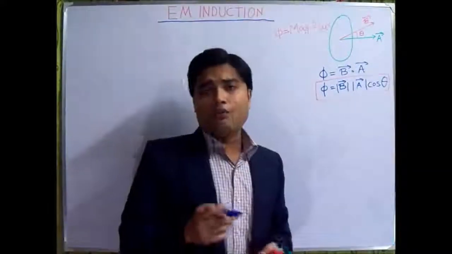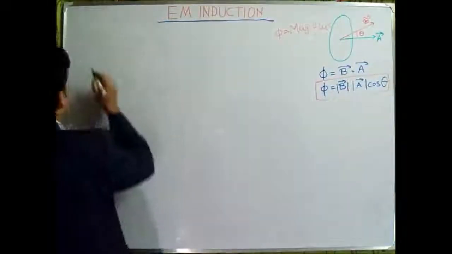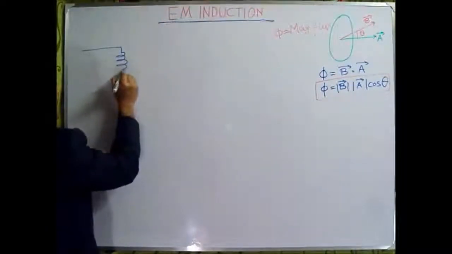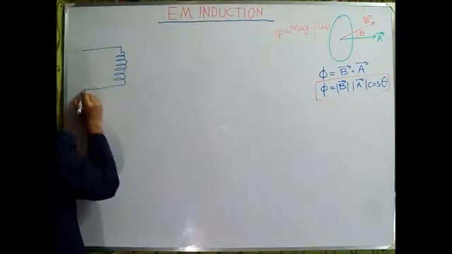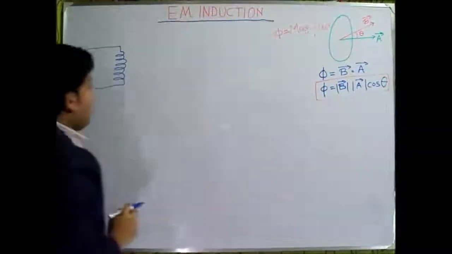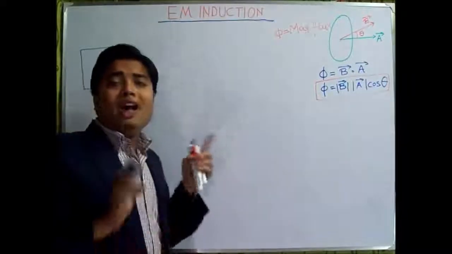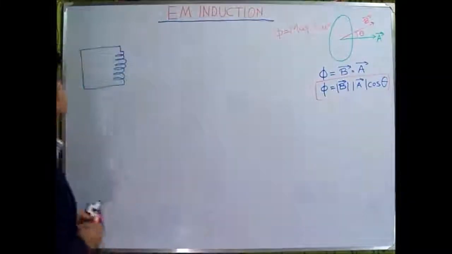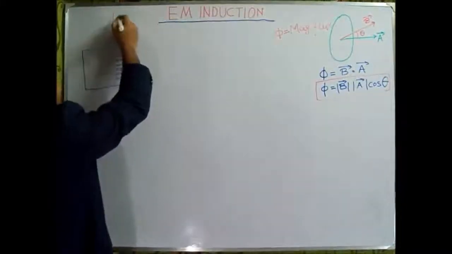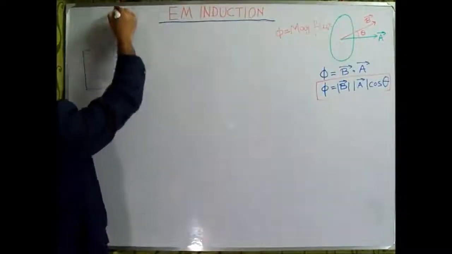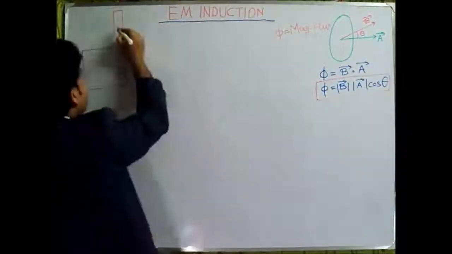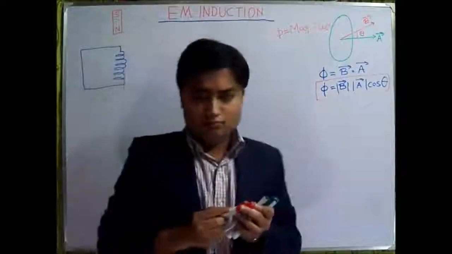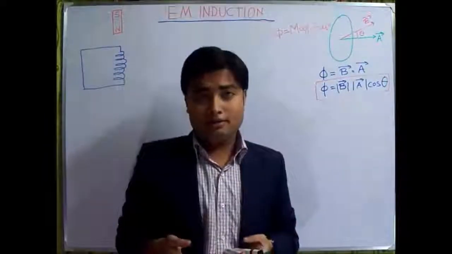Now, from Faraday's experiment we know that, for example, if this is a coil and we bring a bar magnet, with this as the North Pole and this as the South Pole, nothing will happen.